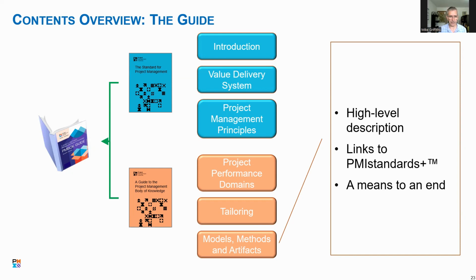So if you want to understand how to create a work breakdown structure, this is where that content has moved to. It's no longer in the PMBOK Guide. All of the how-to content is in this digital platform, which is good because we can update it more frequently as new tools and techniques become available. We don't have to wait for the 5-year cycle for the PMBOK Guide, right? But we can also provide a video on it, or an actual tool or a template for you to download, which we couldn't do before in the 7th edition of the PMBOK Guide, right?